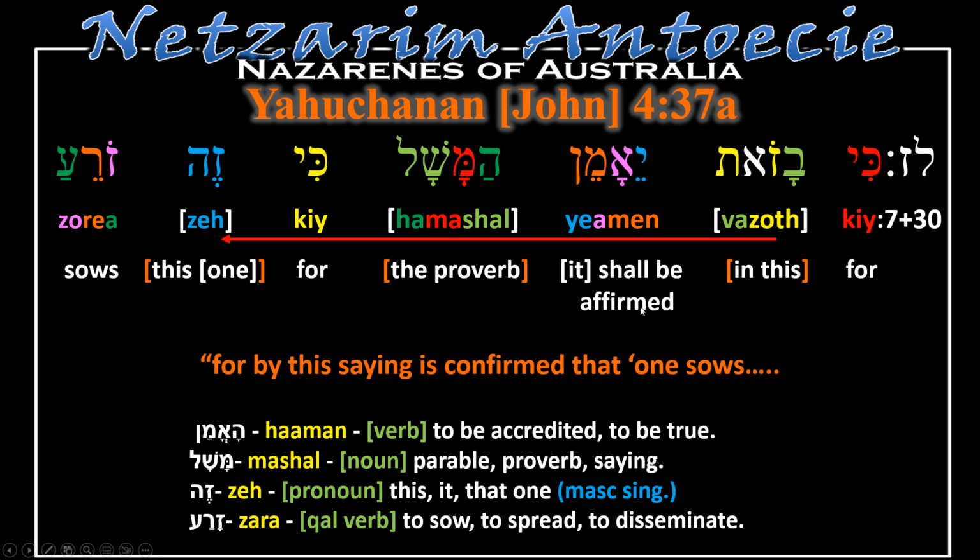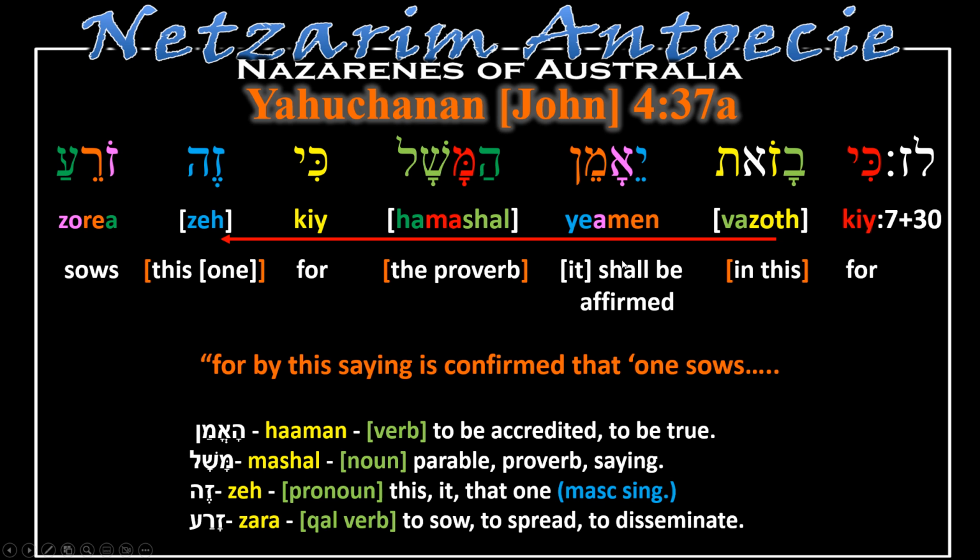So how do we get that? Well, of course, we've got the root word amen. And we know that amen is often what we say at the end of a prayer, and it means may it be, or truly, it's used in different ways. Right, and then I've got down here ha'aman, which is a verb to be accredited, to be true.